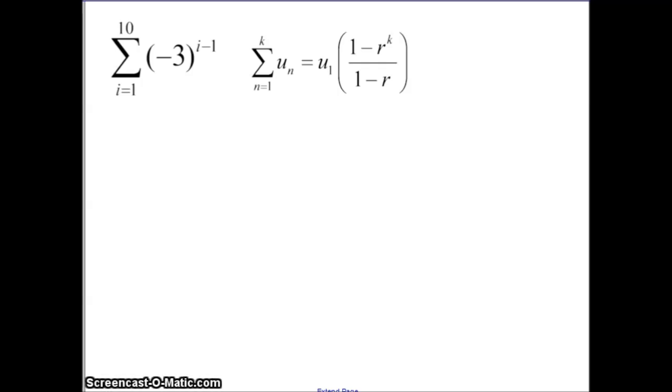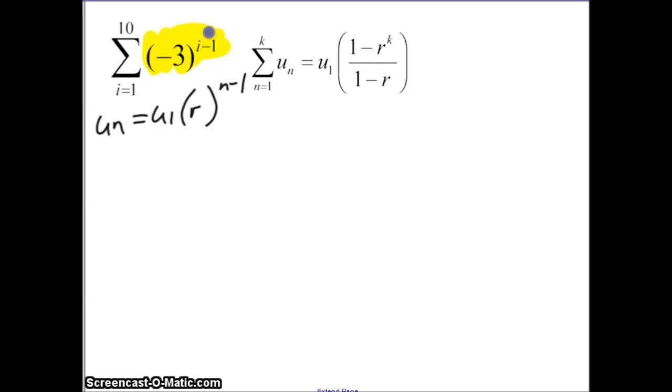Okay, so my u sub 1, well, here's the formula. This is the formula for finding each term in the sequence. That's the explicit formula of the geometric sequence, okay? And that actually is in the form u sub n is equal to u sub 1 times the common ratio to the power of n minus 1.